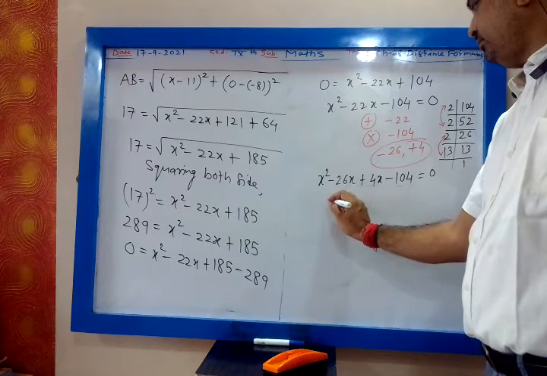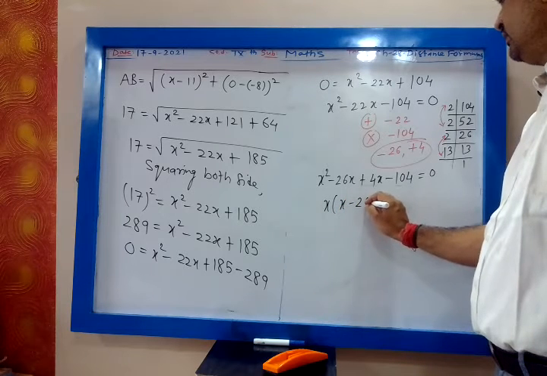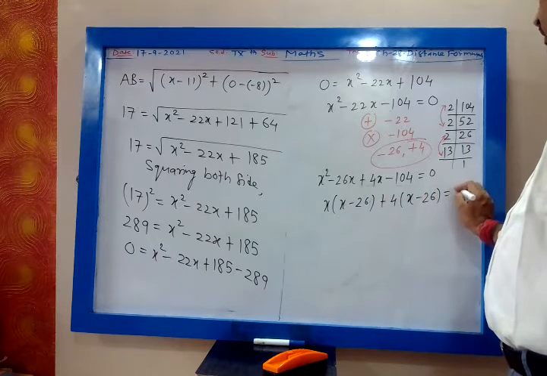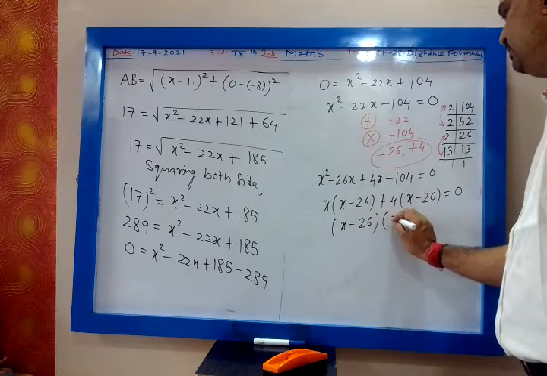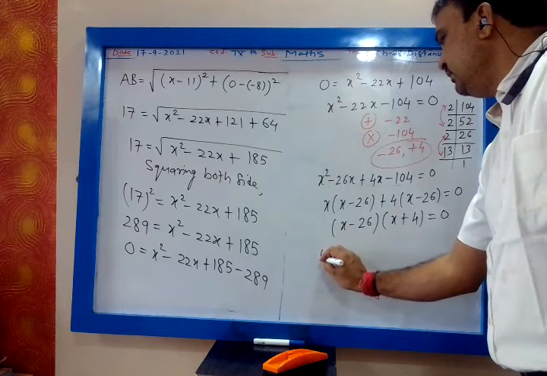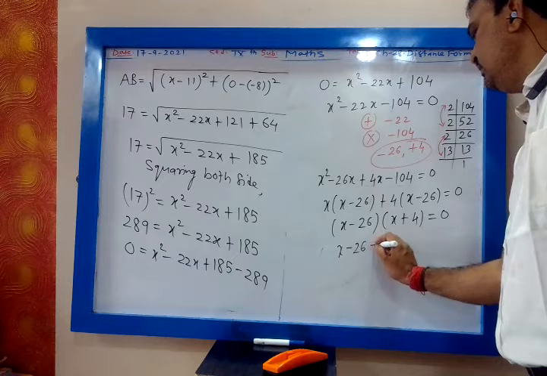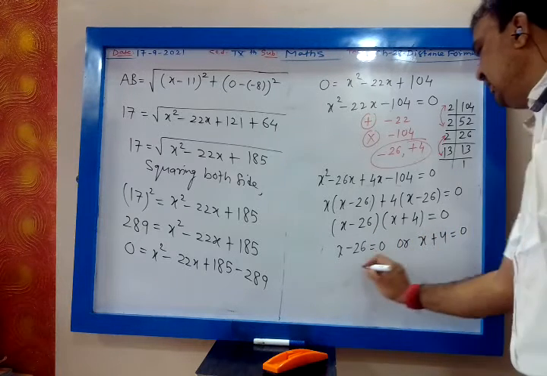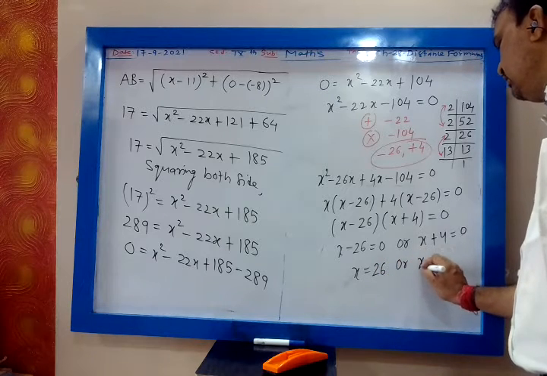So x into (x minus 26) plus 4 into (x minus 26) is equal to 0. So (x minus 26) into (x plus 4) is equal to 0. That will give you x minus 26 is 0 or x plus 4 is 0. So x is equal to 26 or x is equal to minus 4.